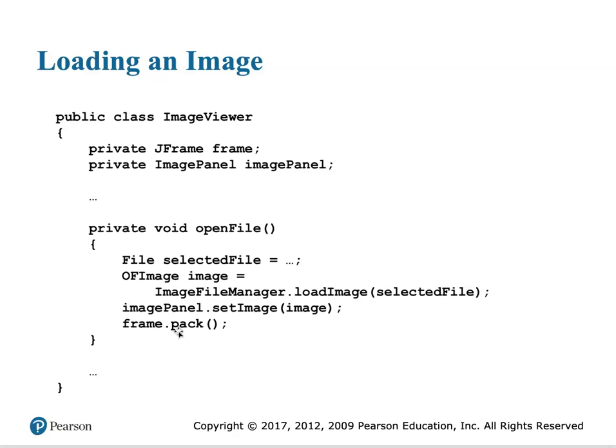You are more than welcome to dive into this code and poke at it a little bit more. The file handling methodology is a good model for what we're going to do next week with file reads and writes. The OF image is a wrapper class, a simplification of the buffered image to make it easier for us to do our work, but you might want to dive into that.